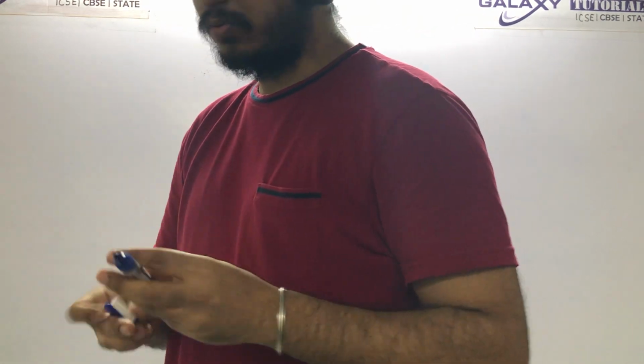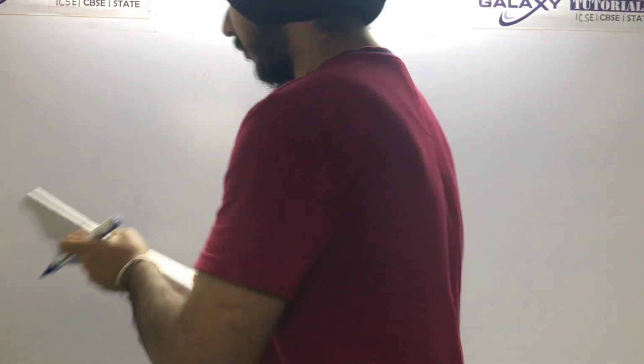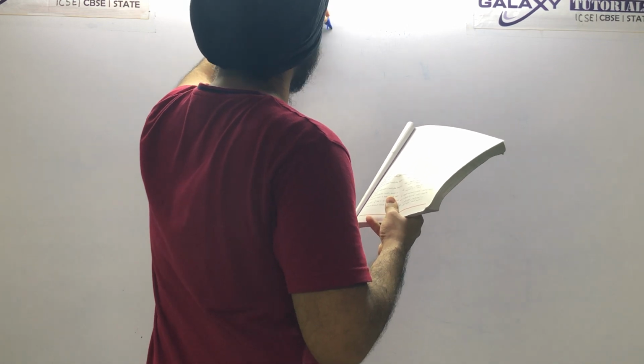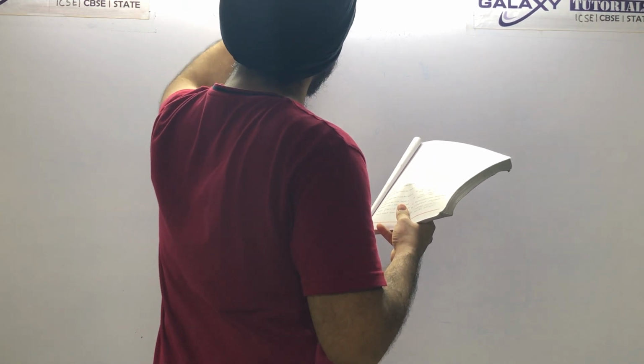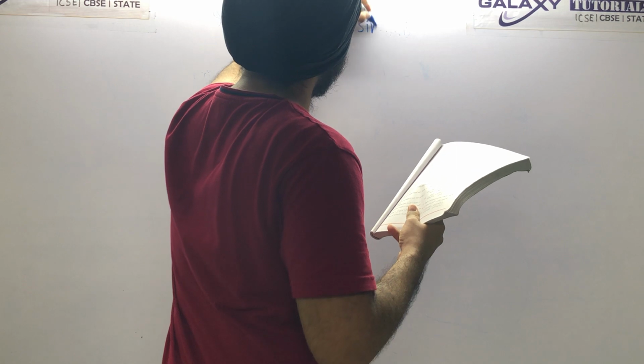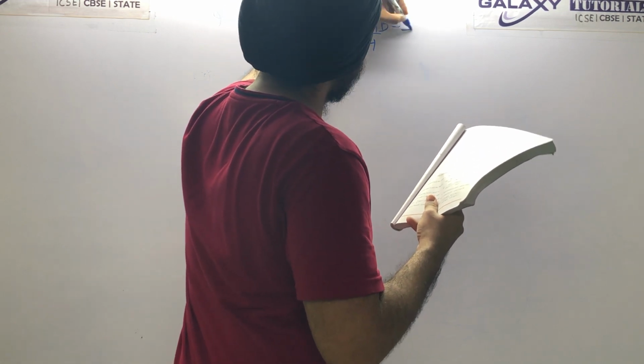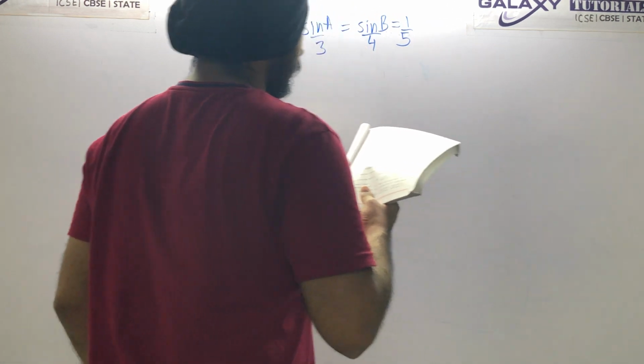So I first do like the way I am showing, write the given things. So what have they given us in the question?